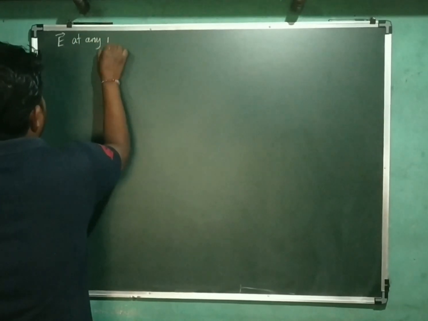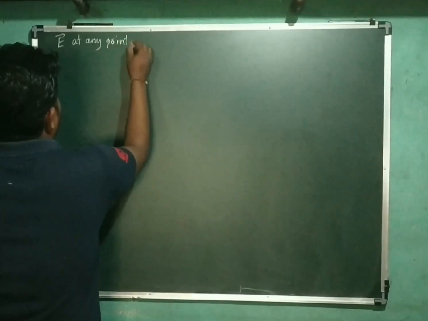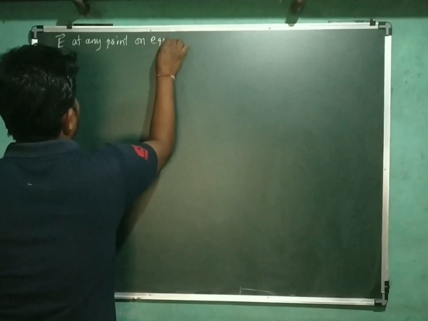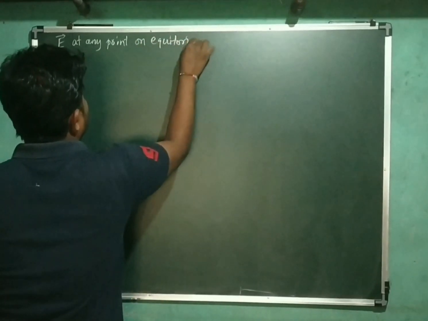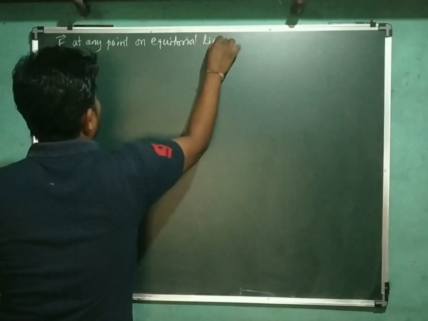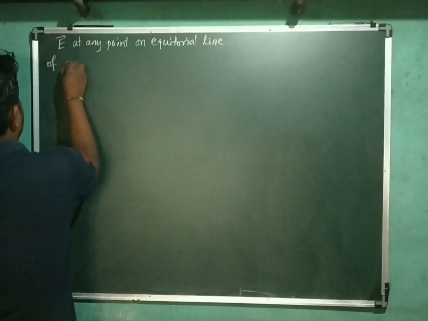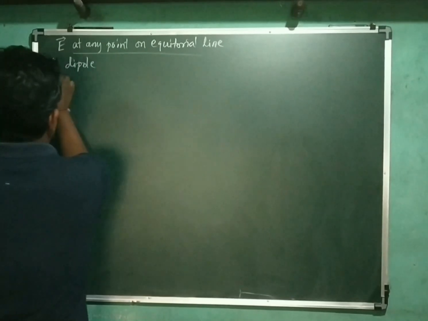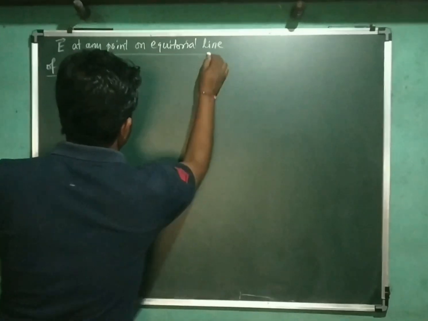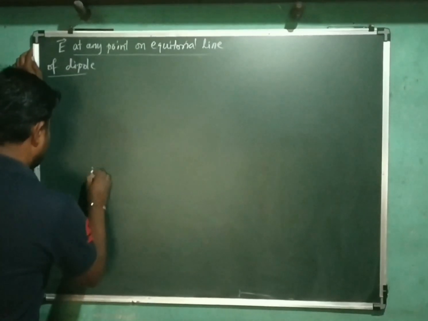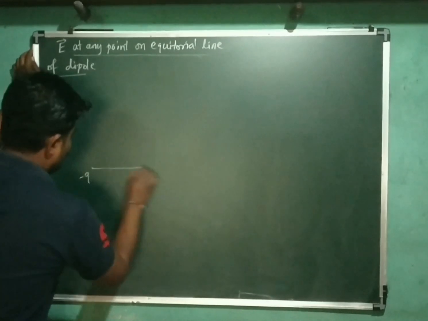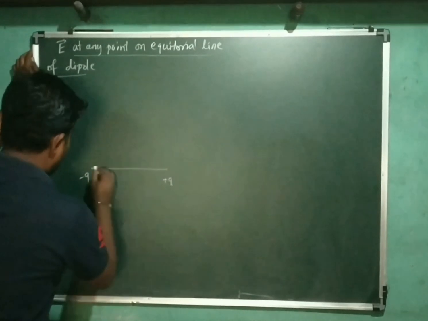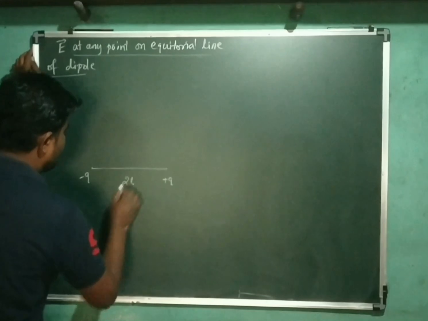Now, electric field intensity at any point on the equatorial line of a dipole. For this we shall consider a dipole, minus Q, plus Q, and the separation is 2L.